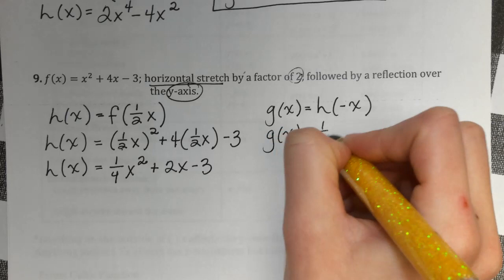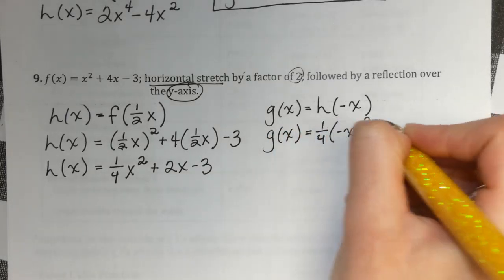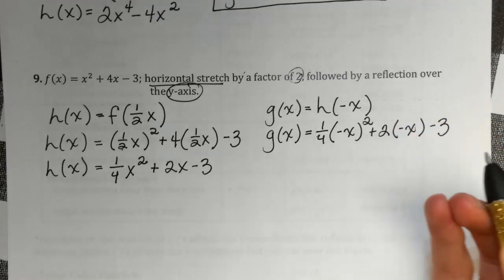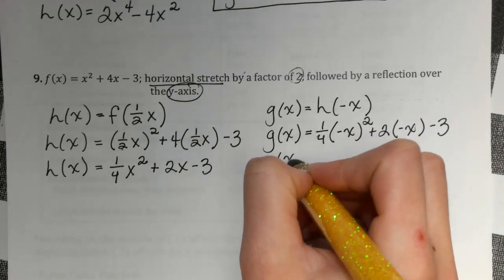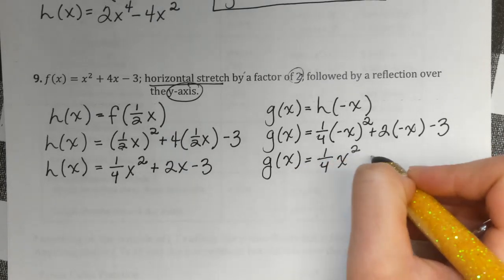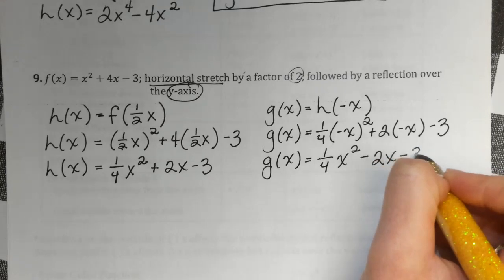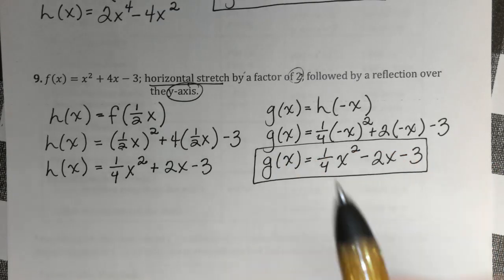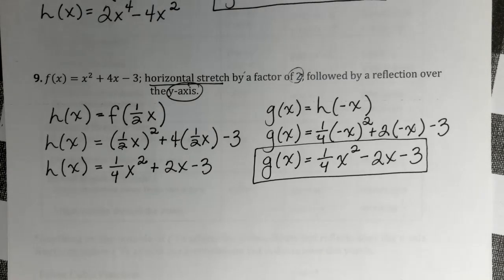So I'm going to have 1/4 times negative x squared plus 2 times negative x minus 3. So that's going to be 1/4 x squared minus 2x minus 3. Are y'all good with that? Do you have questions? Okay, you will have a quiz over this.